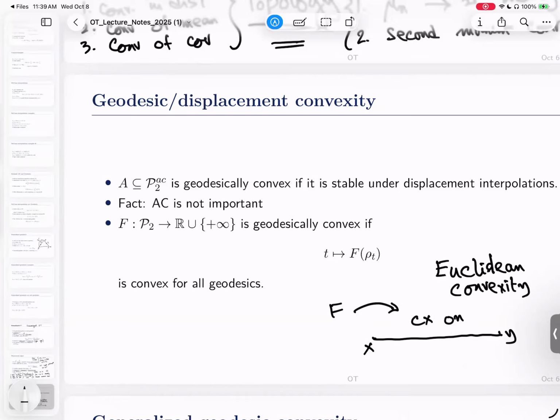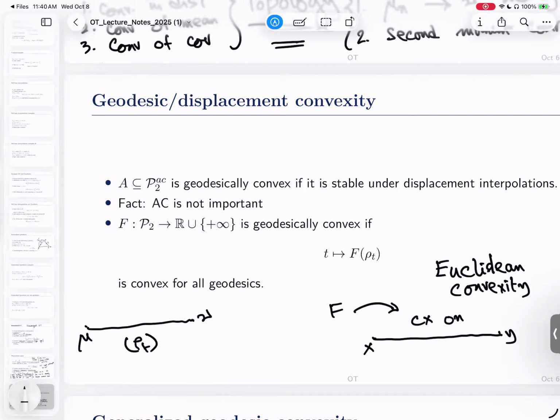So if I try to generalize from this definition, my natural definition of convexity would be, well, if I take any measure mu and any nu, and I draw my McCann interpolation from mu to nu, and that's my rho t curve.